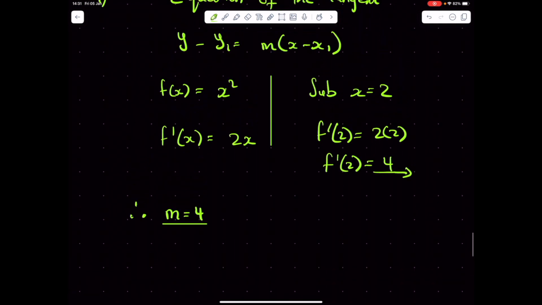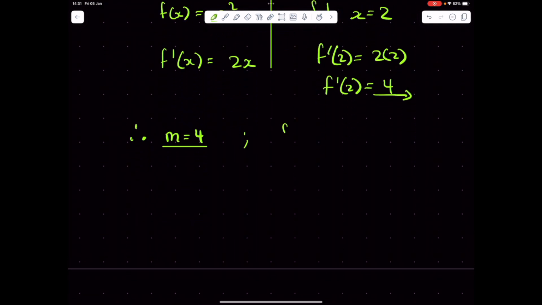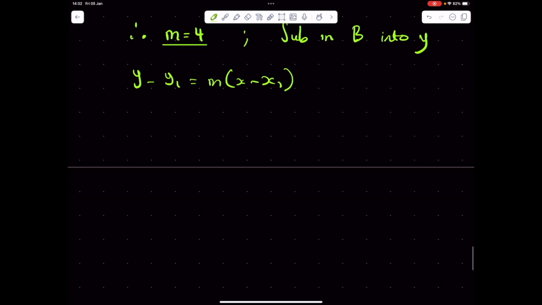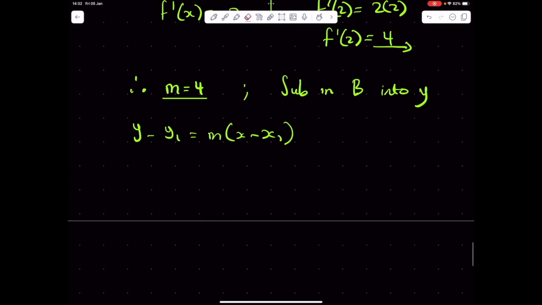Now, what we can do is we can also sub in our point B into the equation y minus y1 is equal to m times x minus x1 to get the equation. Remember, B is 2 and 4.